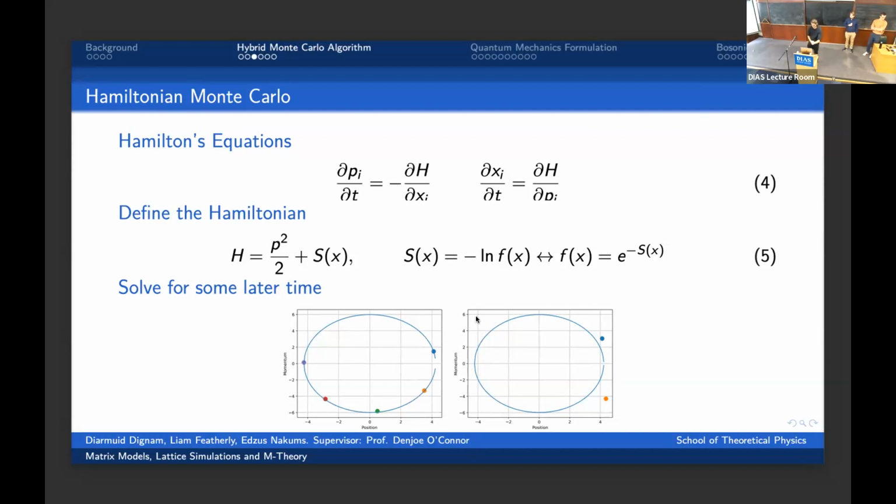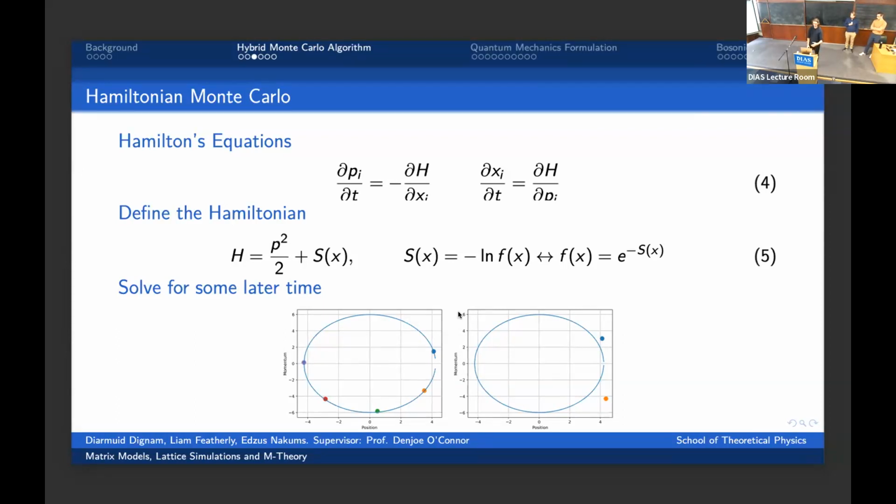And that action we define as that on the left. So that has the effect of turning our probability function that we've chosen into a potential. So it is much more likely for a particle under this Hamiltonian to be in a place with a high probability. It has a low potential in that place.